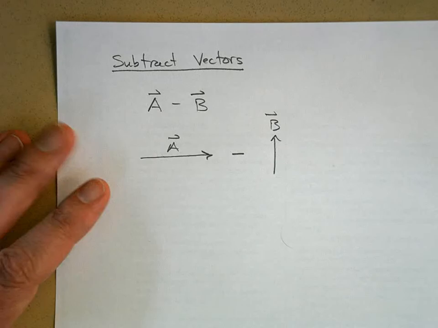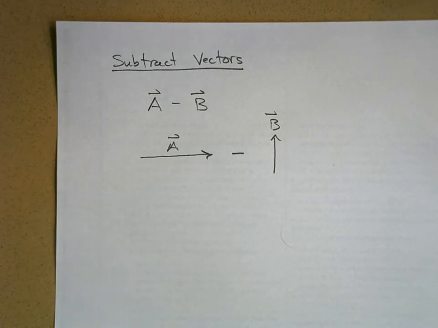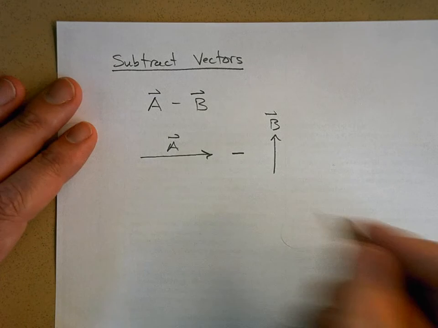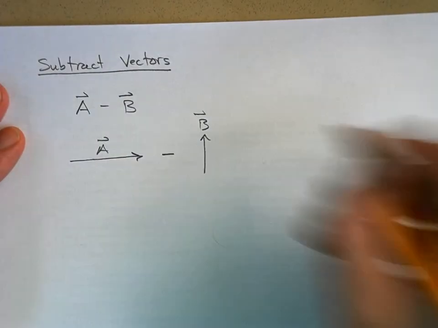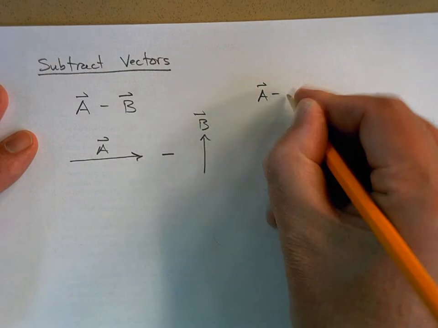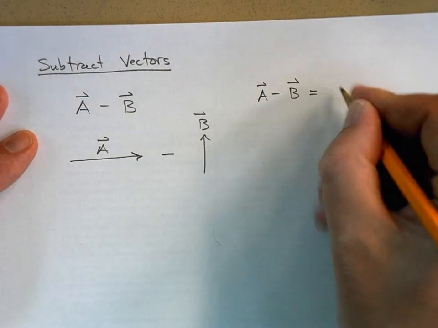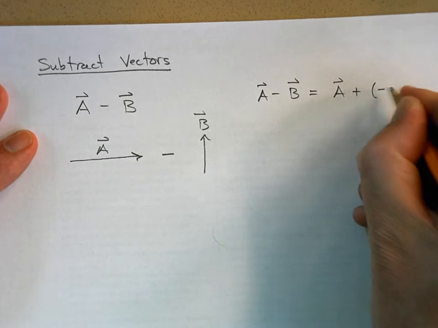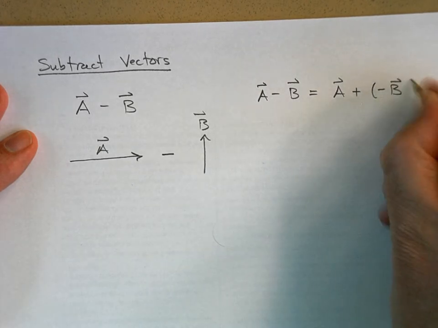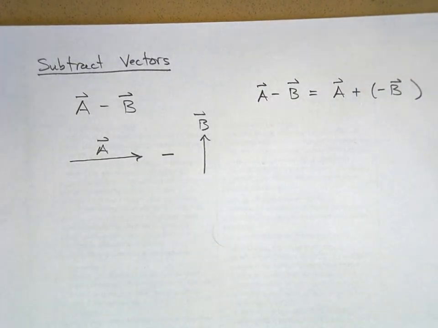Here's how we define, this is the operational definition of vector subtraction. We basically say this: A minus B is equal to A plus negative B. So we have to make that definition.